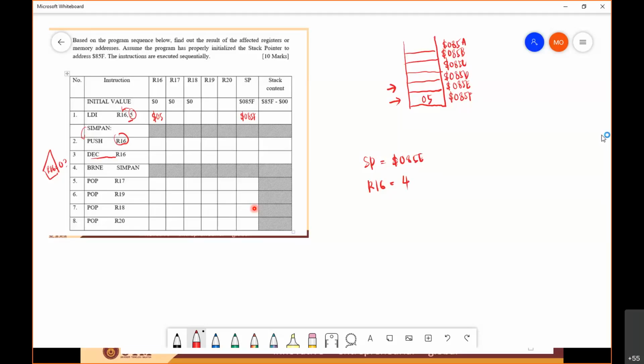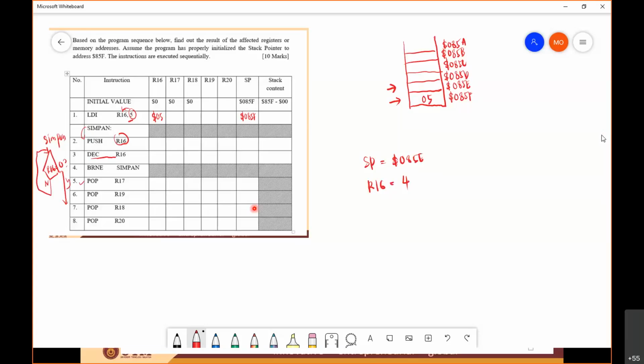If not, you go to simpan. If yes, then you exit the loop and do the instructions number 5, 6, and onwards. Since R16 is 4, you go back to simpan.